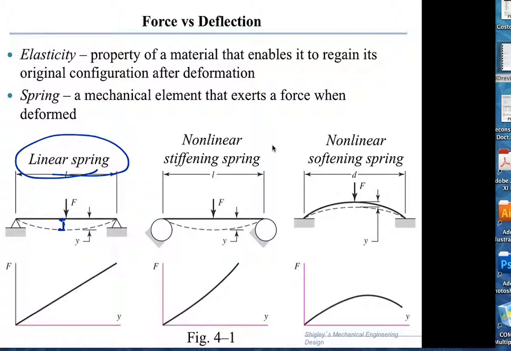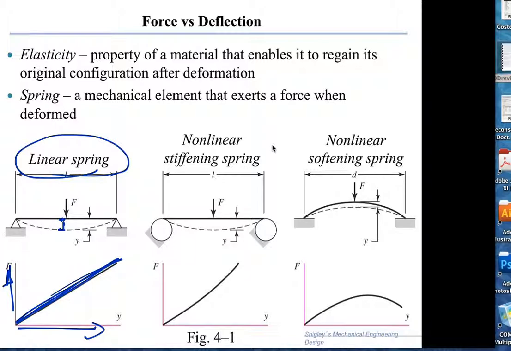As the force increases, then y will increase. If the rate of increase is proportional, then you get a straight line, and then the beam can be considered as a linear spring.